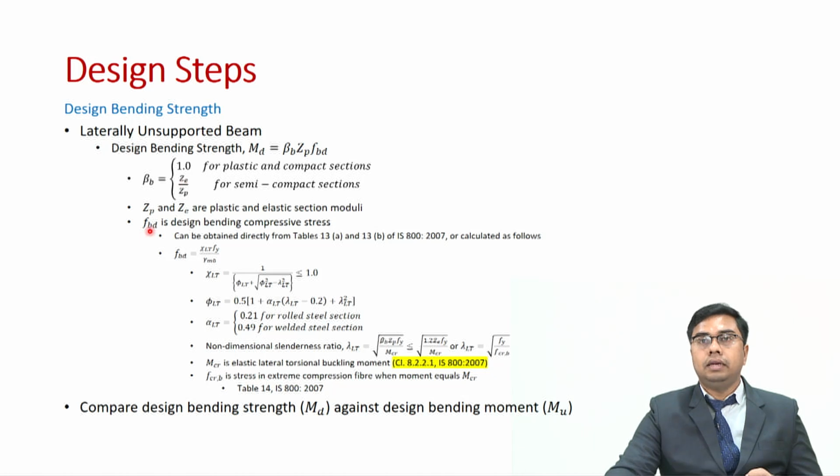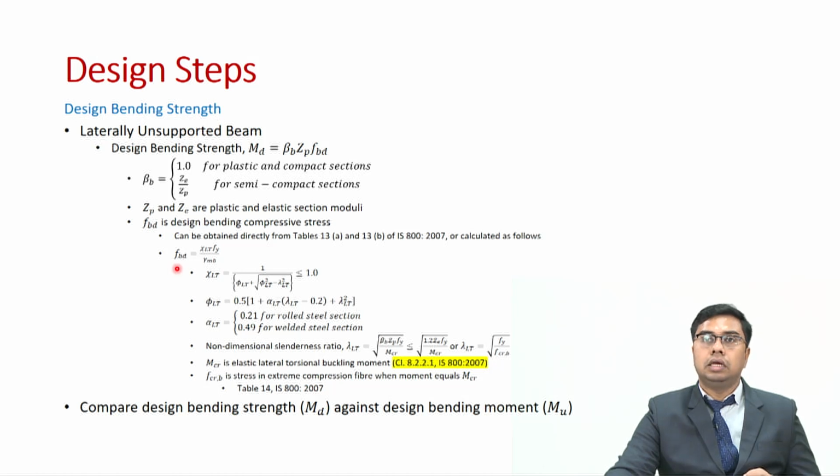You can obtain the value of fbd directly from Tables 13a and 13b of IS 800:2007, or it can be calculated using the expressions shown over here. These expressions are also adapted from Section 8 of IS 800:2007.